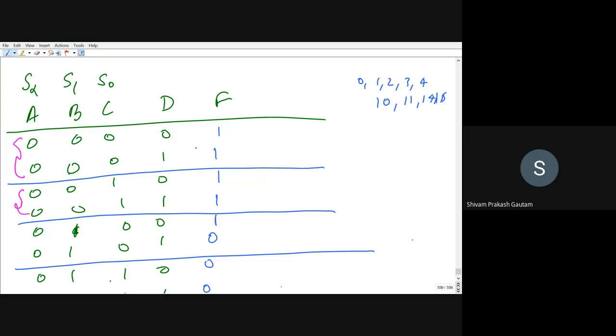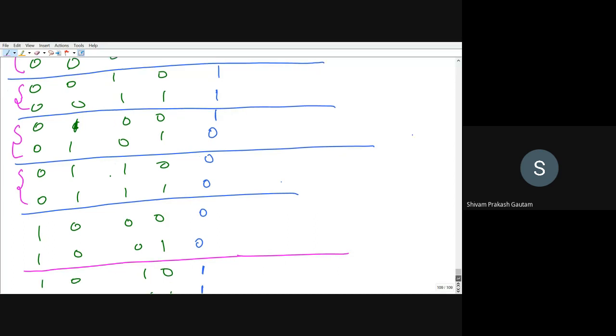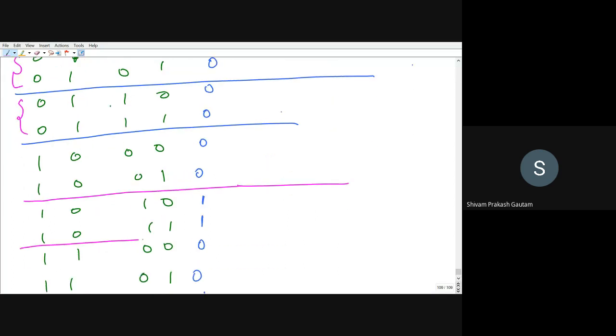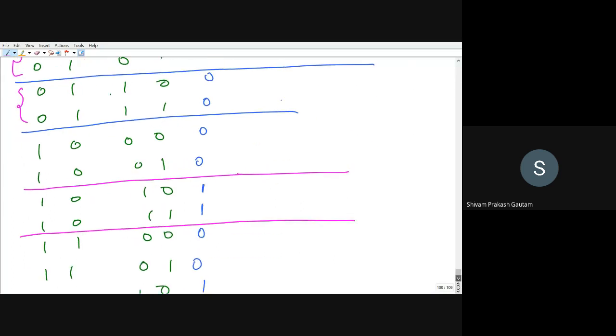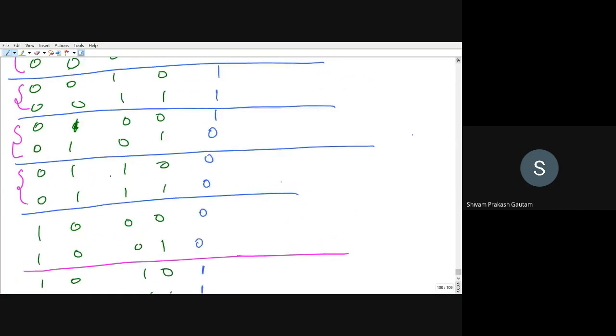Here ABC is 0, 0, 1, 0, 1, 0, 0, 1, 1, 1, 0, 0 in this case, 1, 0, 1 in this case, 1, 1, 0 in this case, and the last case 1, 1, 1. So I have divided it in this way.